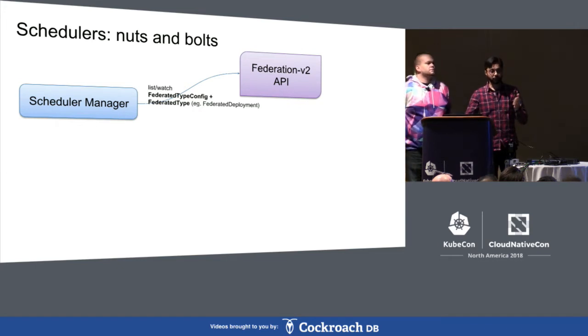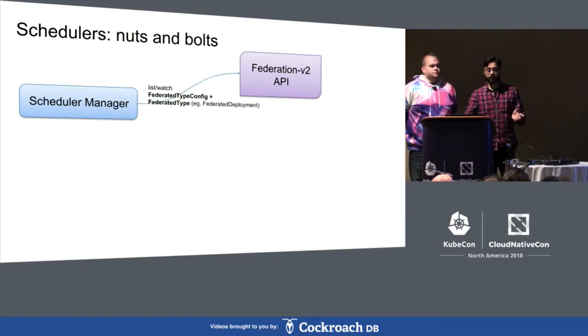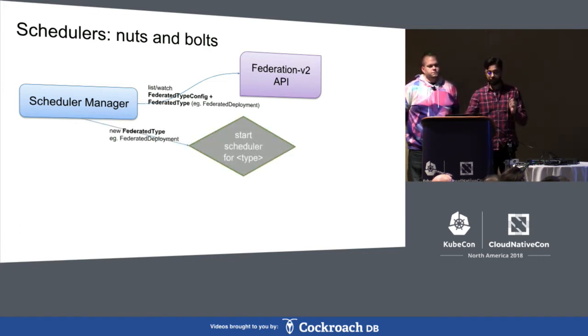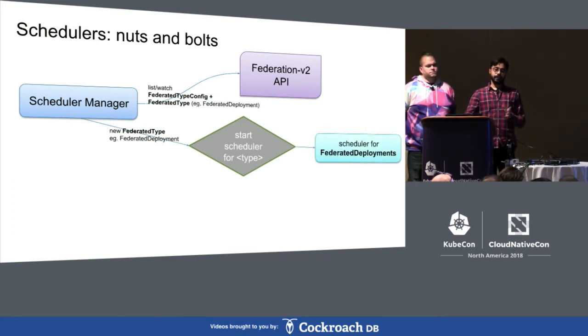So for the deployment type, the scheduler manager watches the API surface, and if there is a type config that is created by an admin and a type definition already provided for deployments, then it basically starts the associated scheduling controller for deployments. This is also to provide a reference mechanism for any high-level controllers to be written and implemented in a very similar fashion.